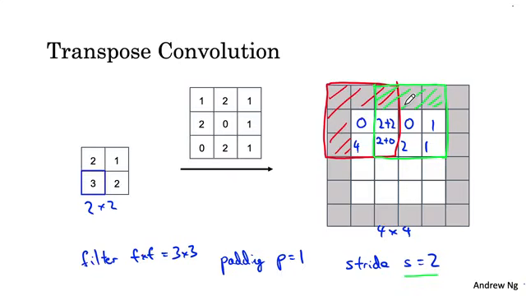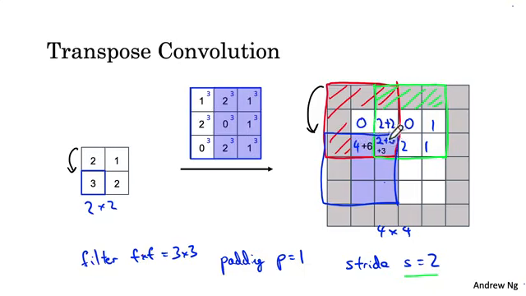So we'll take the filter, multiply every element by 3. And we've gone over by 2 steps before, so we're going to go down by 2 steps here. So we will be filling in our numbers in this 3 by 3 square. And so you find that the numbers you're copying over are 2 times 3, which is 6, 1 times 3, which is 3, 0 times 3, which is 0, and so on. 3, 6, 3.